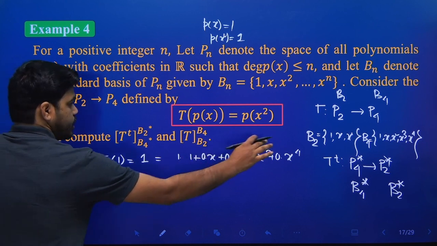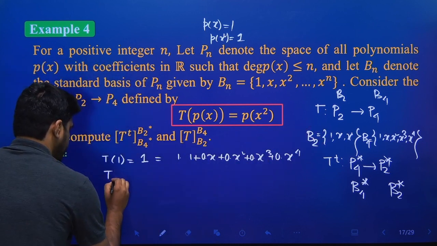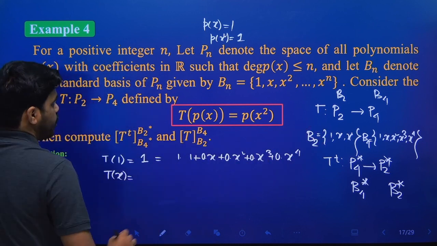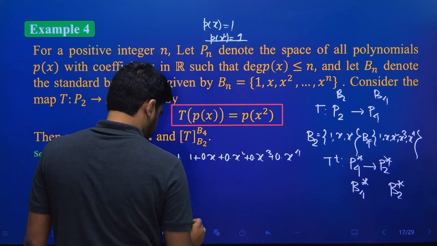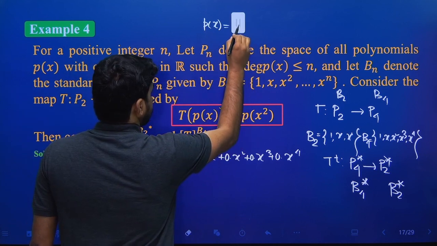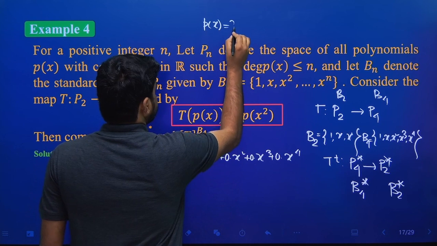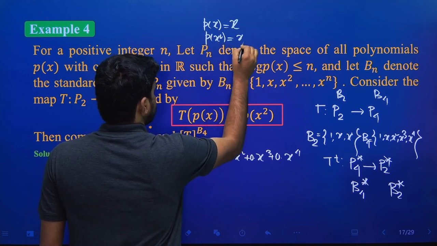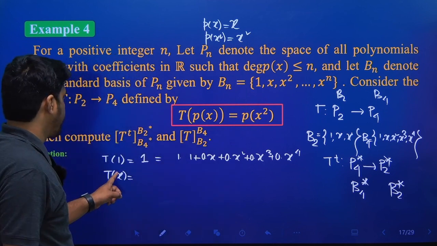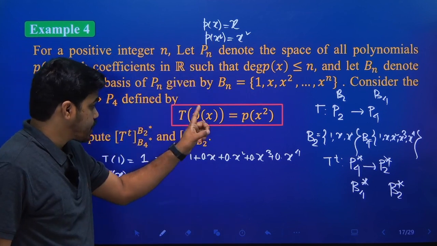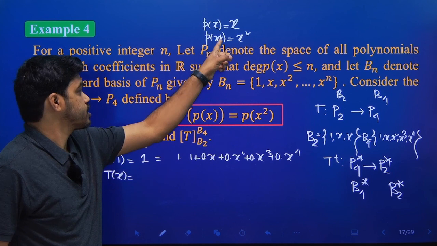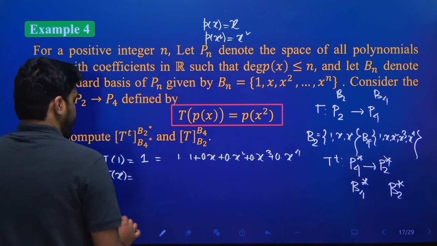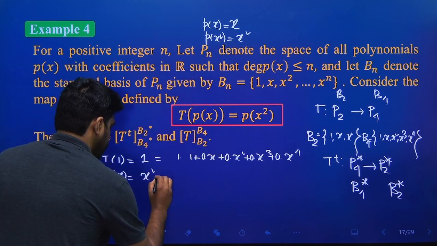Next, T(x). So p(x) is x, right? So p(x square) will be x square. How is T(p(x)) defined? p(x square), so it will be x square.